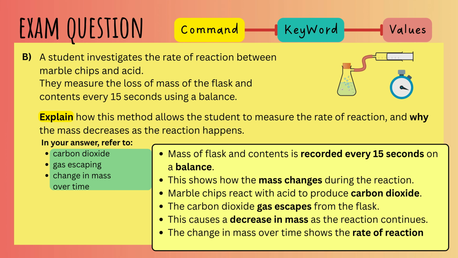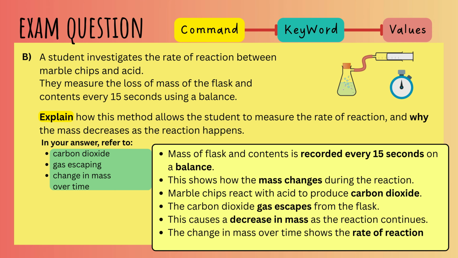Unfortunately, almost that entire statement is not super useful to us, because the question below is actually asking us, explain how this method allows the student to measure the rate of reaction and why the mass decreases as the reaction happens. This relies on your prior knowledge. In your answer, refer to carbon dioxide, gas escaping, and change in mass over time.